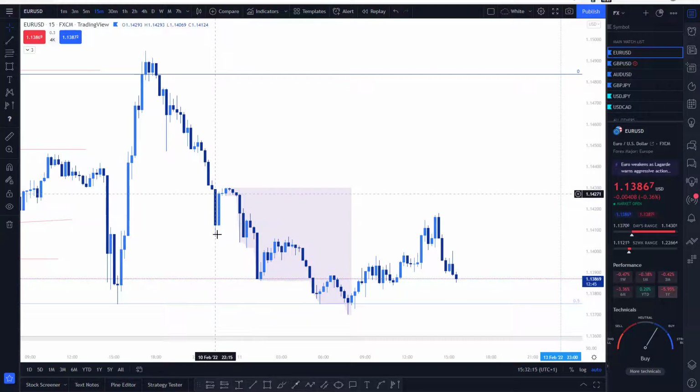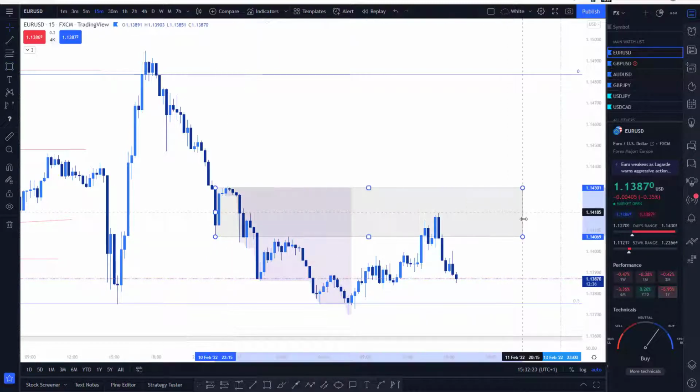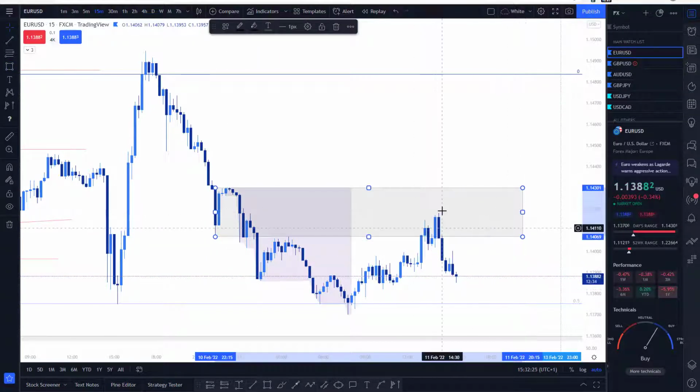This demand zone, or this entire supply zone here. So this is the supply zone, this pullback here, and it's having a reaction. So here is a change of character. The pullback that didn't get into the 15-minute supply zone, and it's going down.